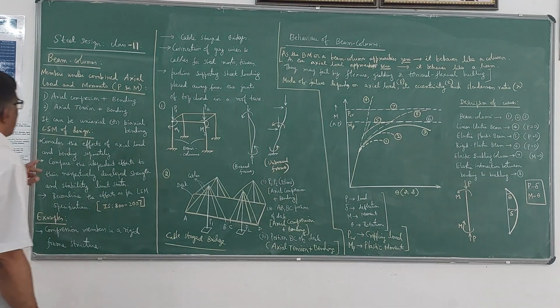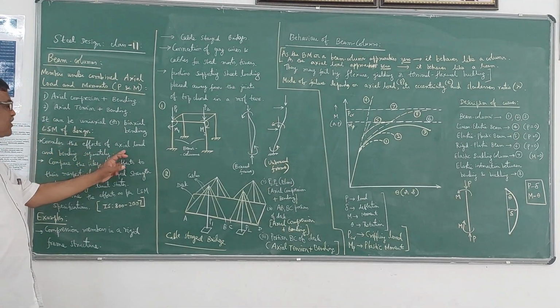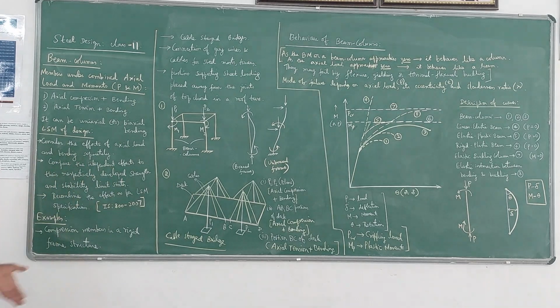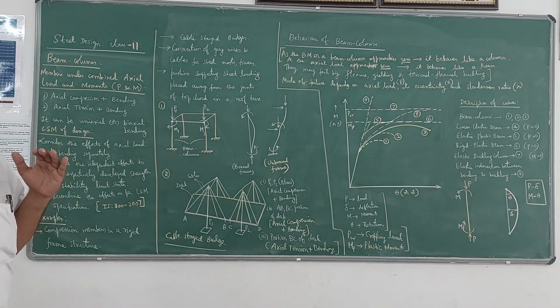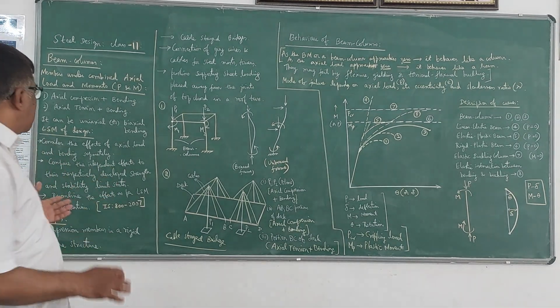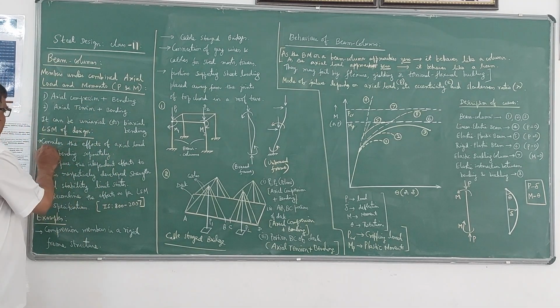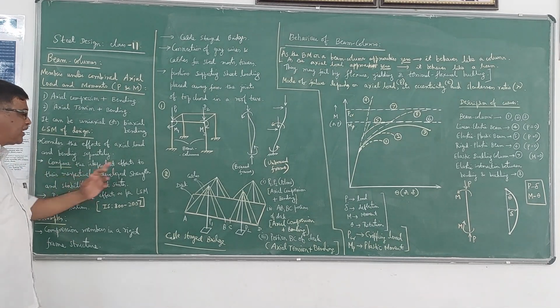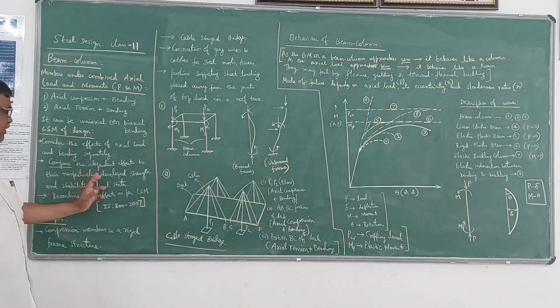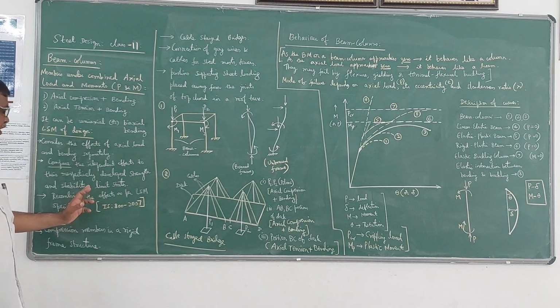The first one is we have to consider the effects of axial load and bending separately. That means the behavior of beam as well as column should be taken separately, and then we have to compare the independent effects of their respectively developed strength and stability limit states.